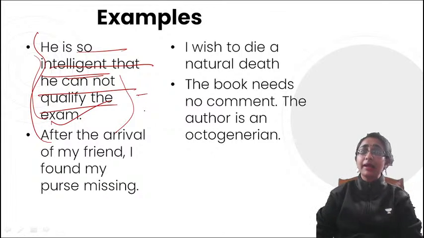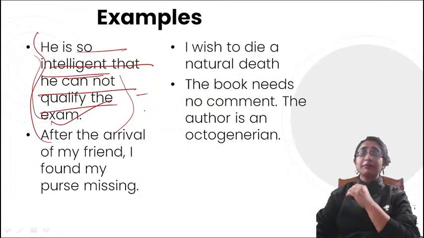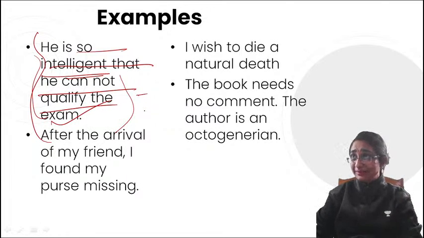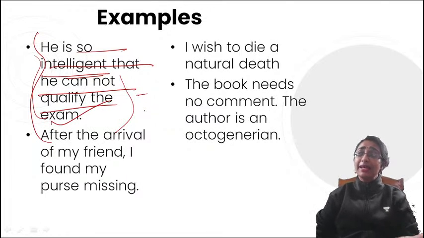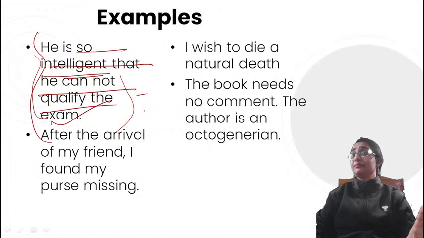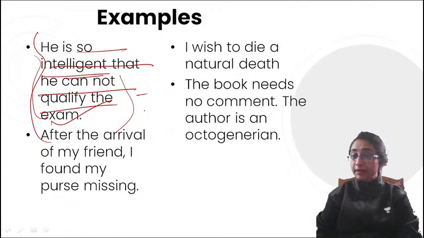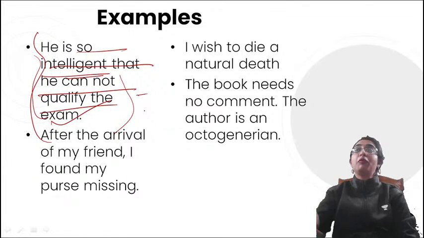If I say to him directly that you are a bad student, that is why you can't qualify, the effect will be lesser. But I am saying it in a roundabout way, and I am saying just the opposite. Oh my God, you are so intelligent that you can't qualify the exam. That can hurt a person more.